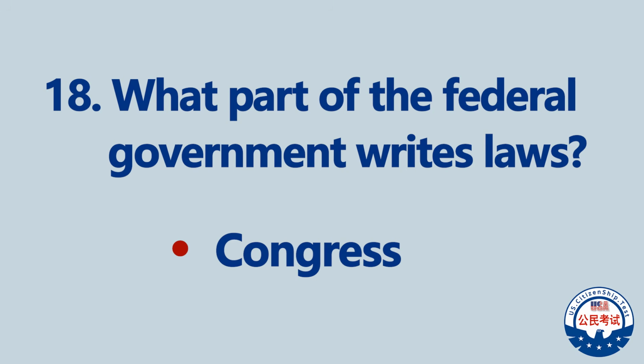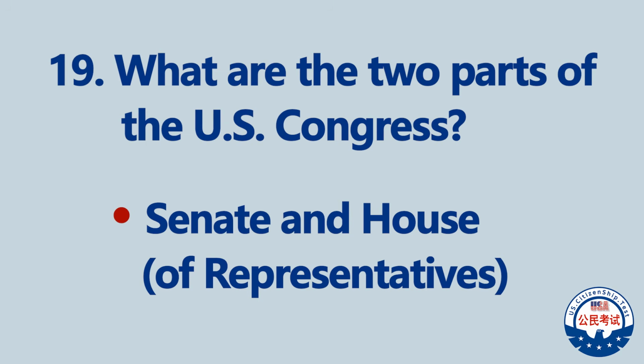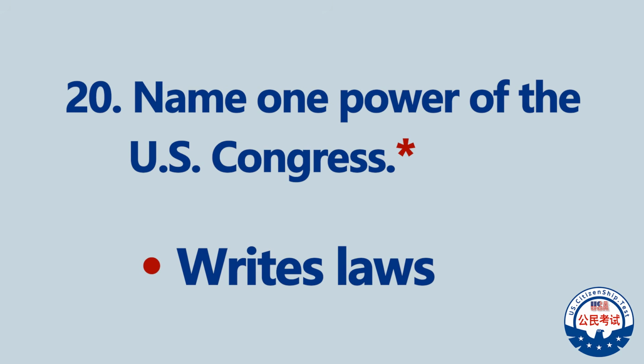What part of the federal government writes laws? Congress. What are the 2 parts of the U.S. Congress? Senate and House of Representatives. Name one power of the U.S. Congress.